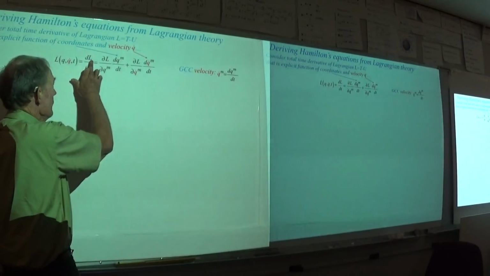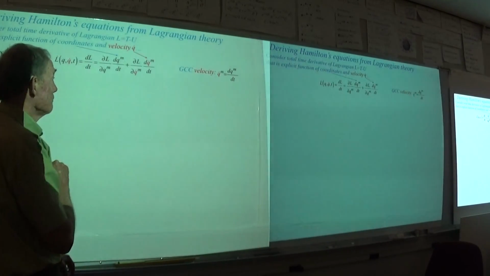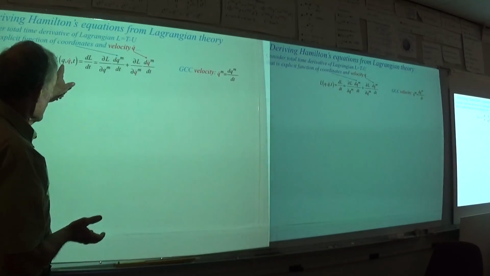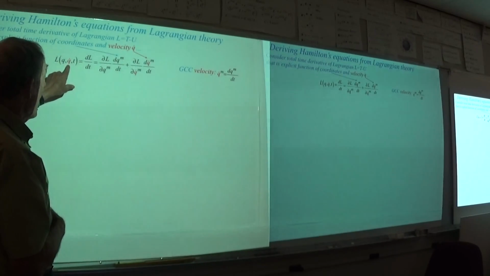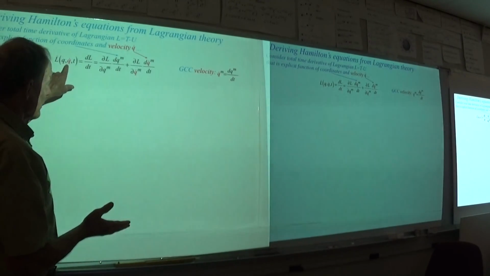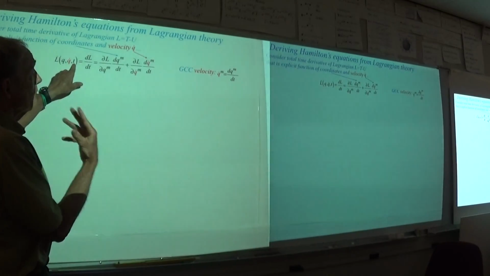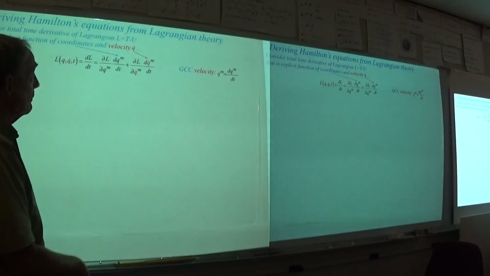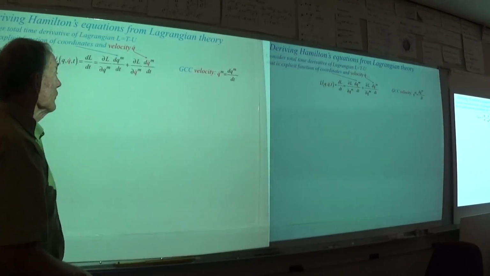The idea is to use the chain rule to write that thing as a function of q as coordinate, queer coordinate, and the queer velocity, q dot, and possibly an explicit time dependence. Somebody's mucking with the apparatus that is this mechanical system.